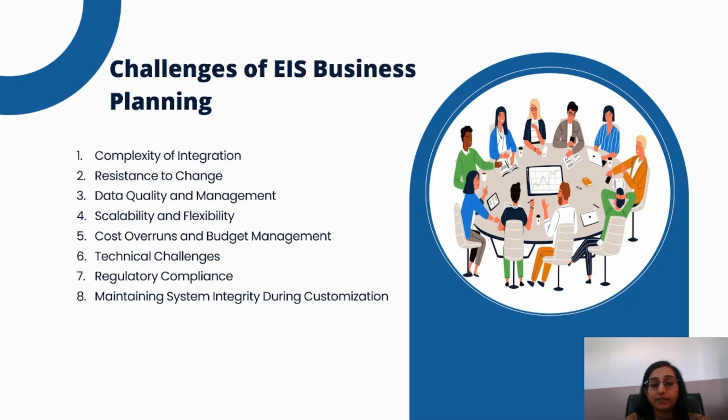Budget overruns are a common challenge, particularly if the project scope is not clearly defined or if unforeseen complexities arise during implementation. Effective budget management and ongoing cost monitoring are crucial to keep the project within financial constraints.